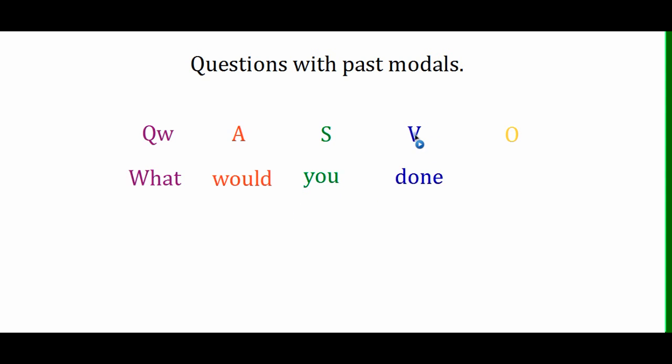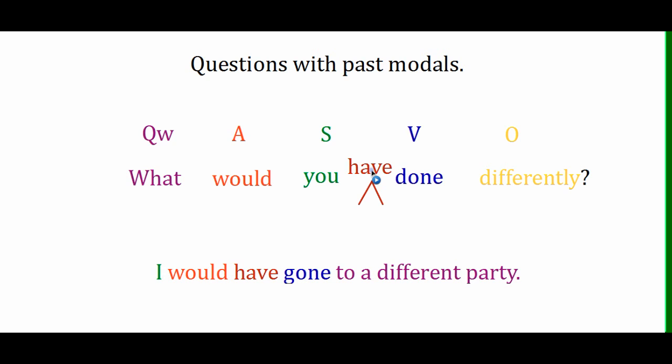The verb in its past participle form, done. And something extra, differently. Okay, and we're just missing one thing, have. And have comes before the past participle. So the question is, what would you have done differently? And a suitable answer, I would have gone to a different party.